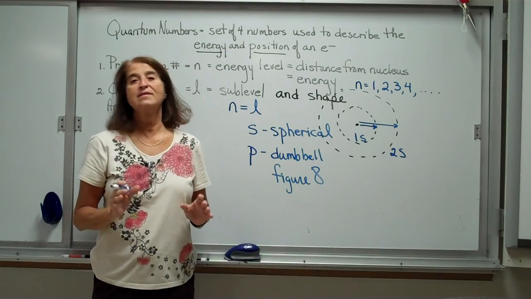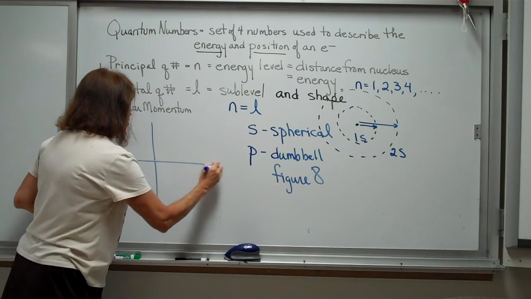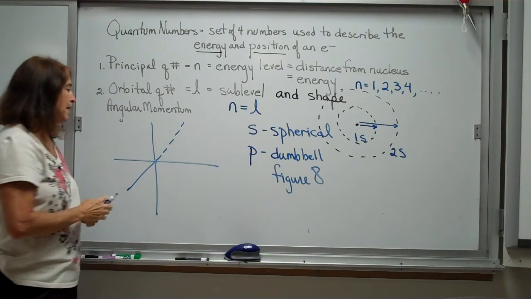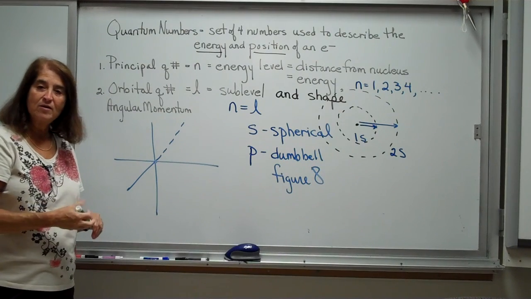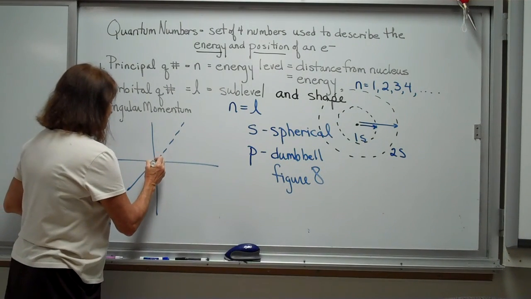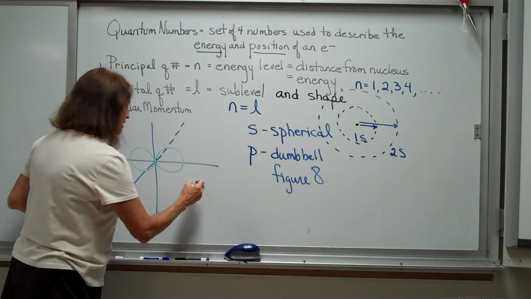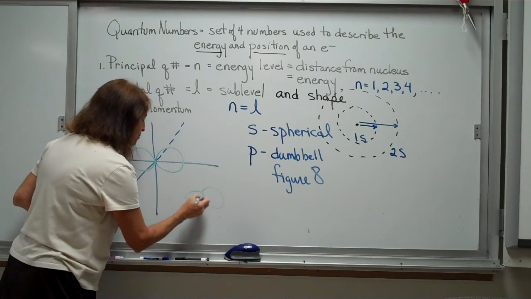If you're looking at a set of axes, we talk about our x, y, and z axis. Now, the p's would be found either along the x, so this might represent an x orbital. You can see that this x orbital is going to be dumbbell shaped.